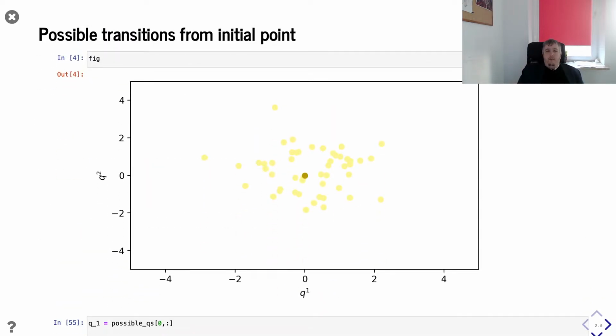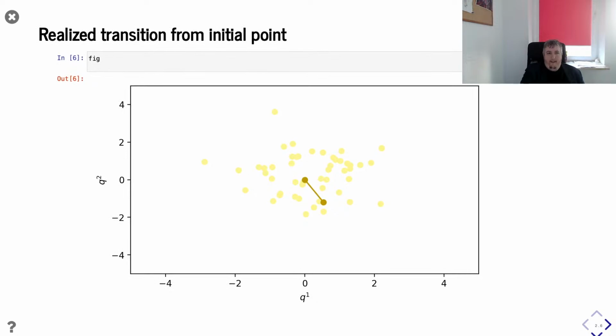So we have 50 possible transitions that can happen here. Each of those has a probability described by the normal probability distribution in each of the axes. However, only one transition occurs, depending on our random number generator, so it moves from that point to another.